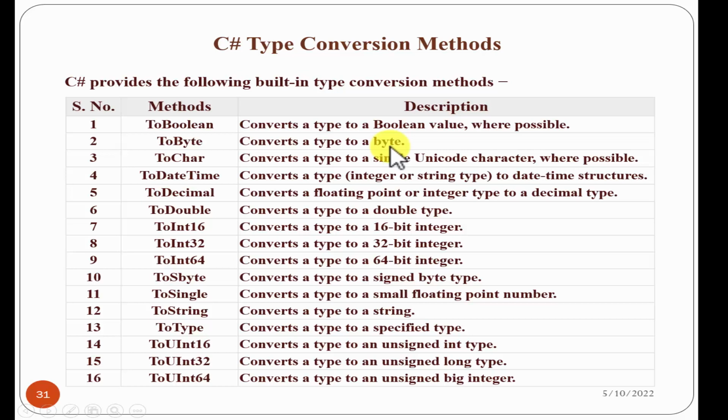ToByte converts a type to a byte. Byte takes only 1 byte of memory, that's why this data type is named byte. So when we convert a value to a byte type, we use the method ToByte. Whenever we do a character conversion, we use ToChar, which converts a type to a single Unicode character where possible.